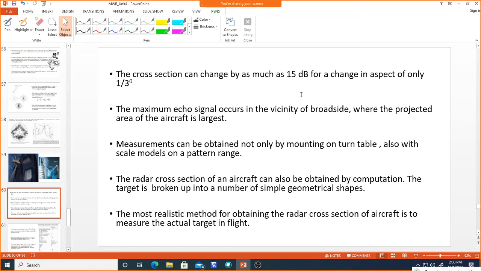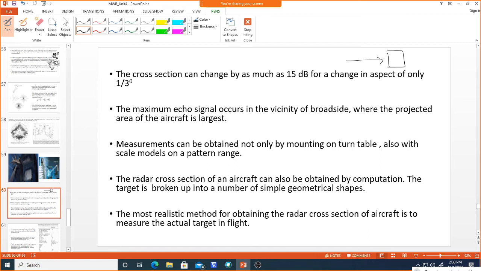Okay, and the maximum echo signal occurs in the vicinity of the broadside, where the projected area of the aircraft is larger. Broadside means exactly perpendicular to it. So if, for example, the aircraft is here and you are incident perpendicular to this exactly, you can see the broadside pattern or end fire pattern.